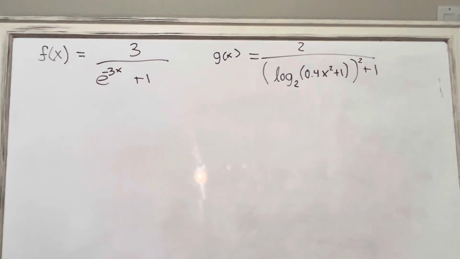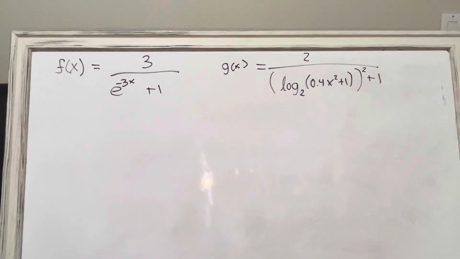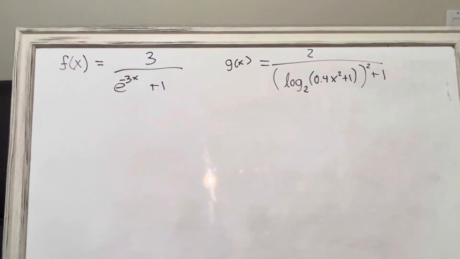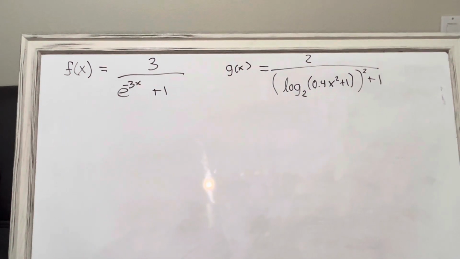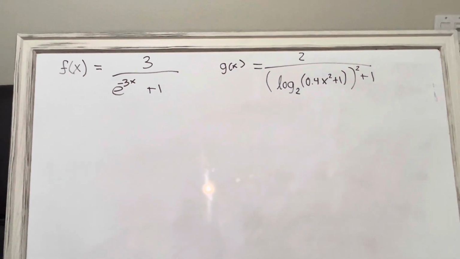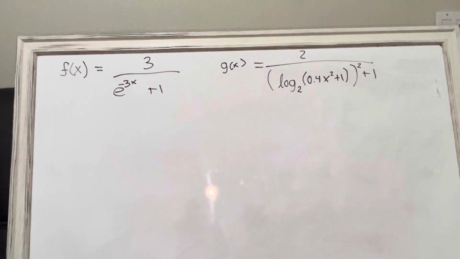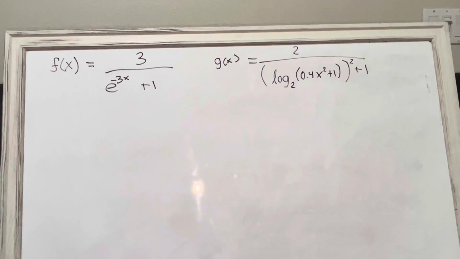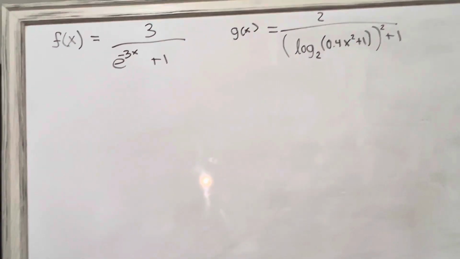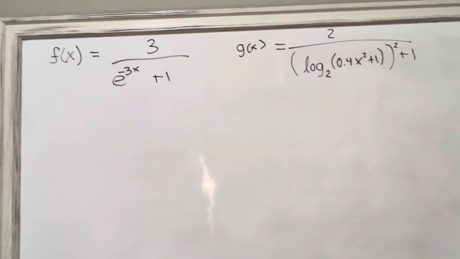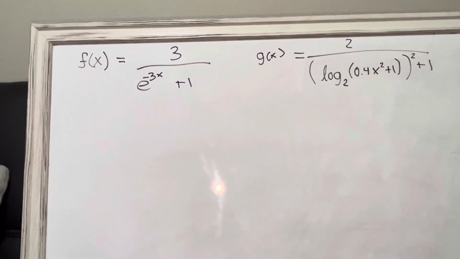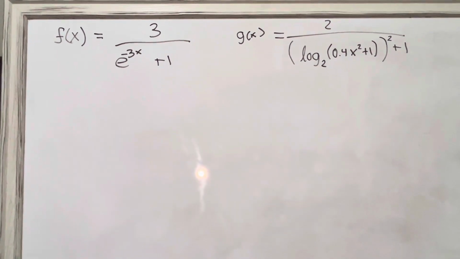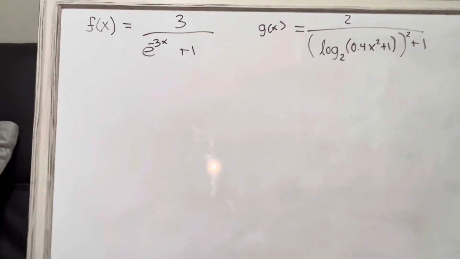The functions f and g are given by f of x equals 3 over e to the power of negative 3x plus 1, and g of x equals 2 over log base 2 of 0.4x squared plus 1, all of that squared plus 1. So let's determine the end behavior of f as input values of x increase without bound. So we have to express the answer by using mathematical notation of a limit.